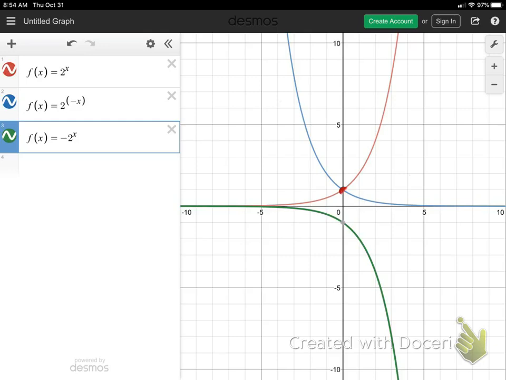Okay. I'm still dealing with a parent function of 2 to the x. So that's my parent function. My blue function, the negative is with the x inside the parentheses.